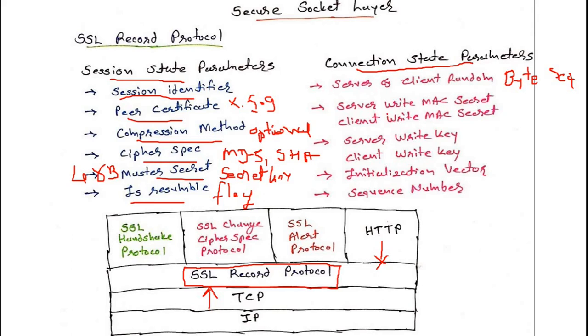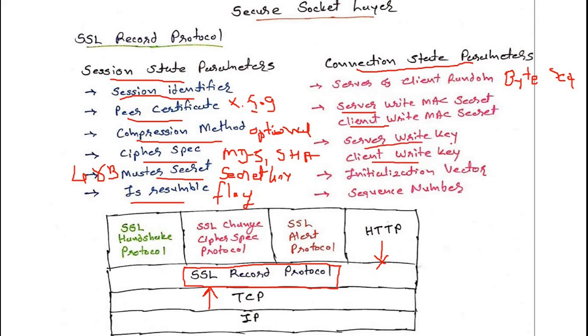These are the secret keys for the MAC. MAC is a message authentication code, and for message authentication there is a need to generate one secret key. One key is generated by the server and the other by the client. So both are generating a secret key for message authentication. Here there is again the server write key and client write key.